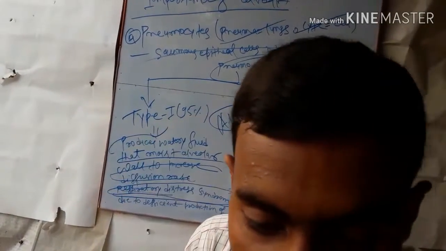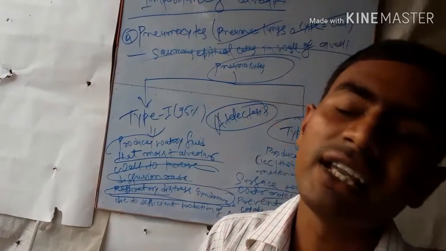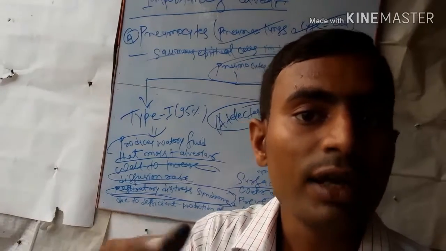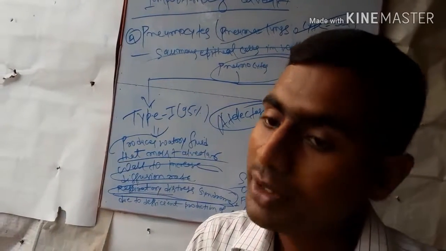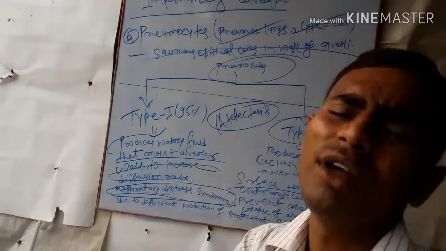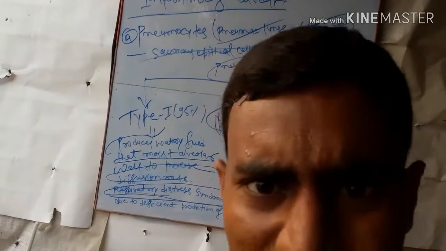Another cell is the dust cells. Dust cells are macrophages of alveoli, that is, of the lungs, because alveoli are present inside the lungs.